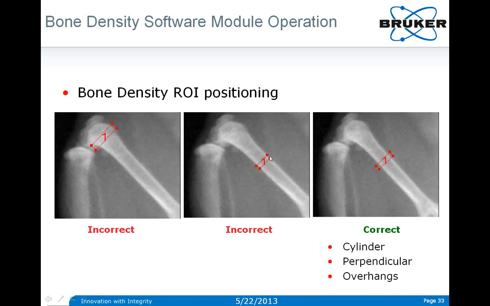So in this example, the region of interest does not include that tissue medium that is required for the bone density model. And on the right, we show an example for correct ROI. So we've created the region of interest perpendicular within a true bone cylinder, and it has overhangs slightly into the tissue.